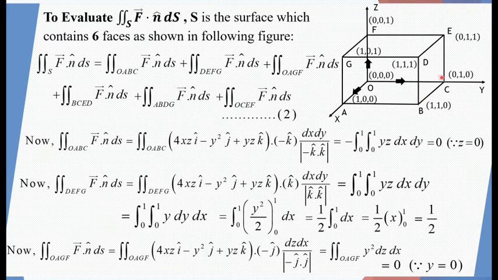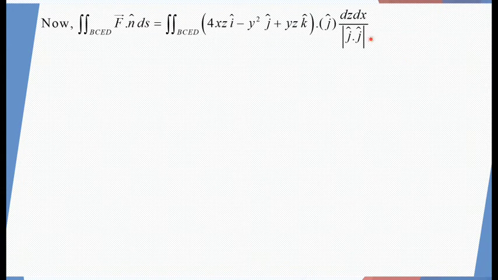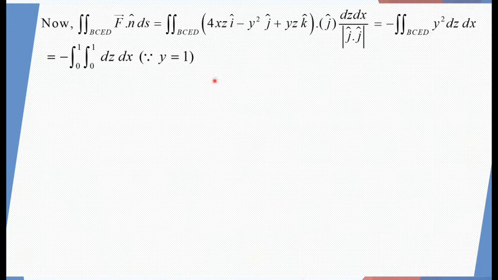So in this particular case y is equal to 1 and n cap will convert into j cap in this manner. So when we take the dot product of this, it will be minus y square dz dx, and now here y is equal to 1. So it will be only dz dx and the limits are 0 to 1, 0 to 1.